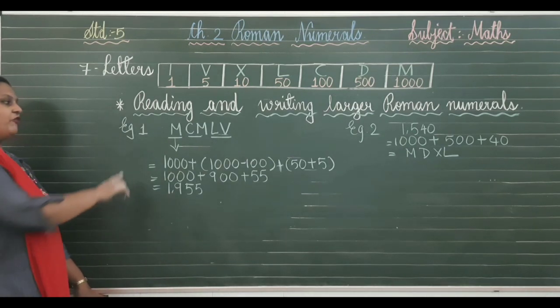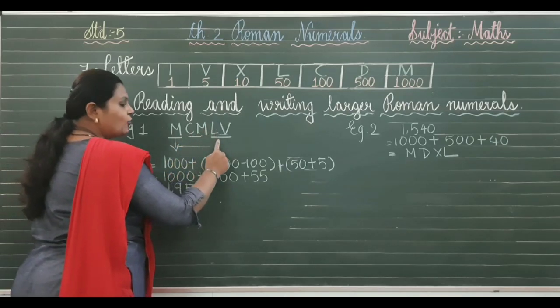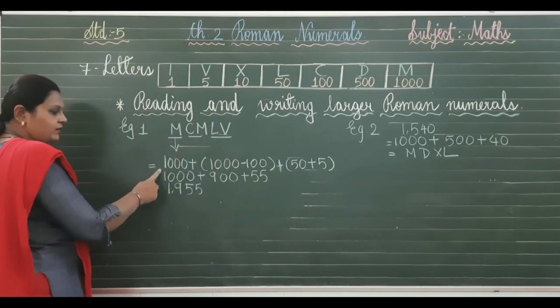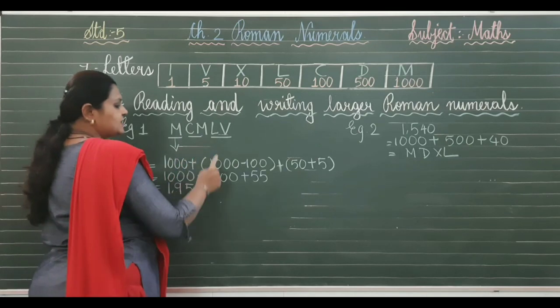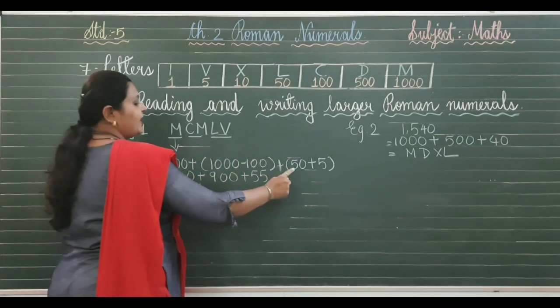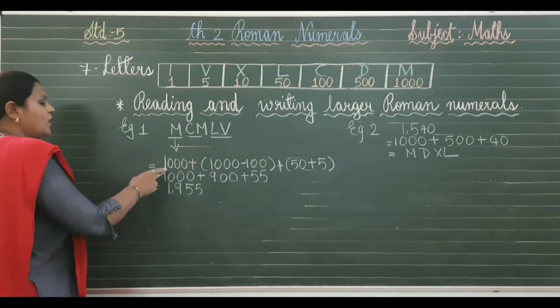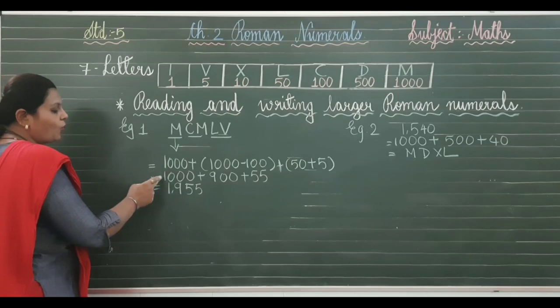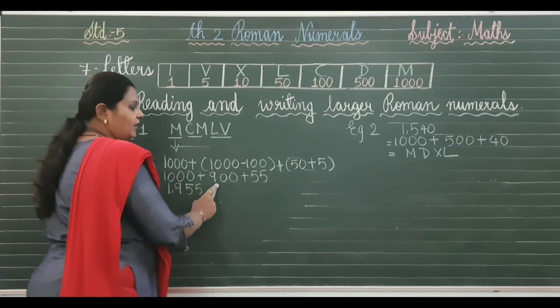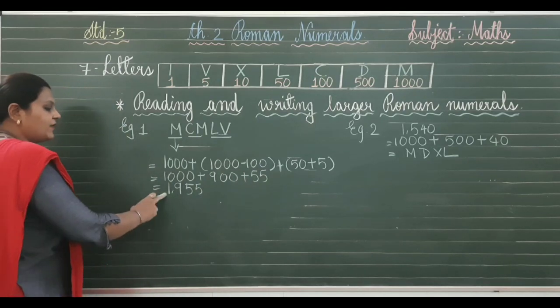First divide the number. MCMLV. M stands for 1000, CM means 1000 minus 100, and LV. L means 50 and V stands for 5. So now simplify 1000 plus 900 plus 55.